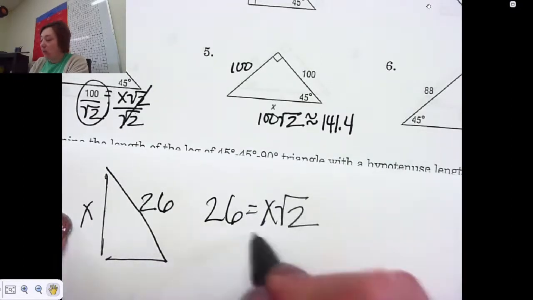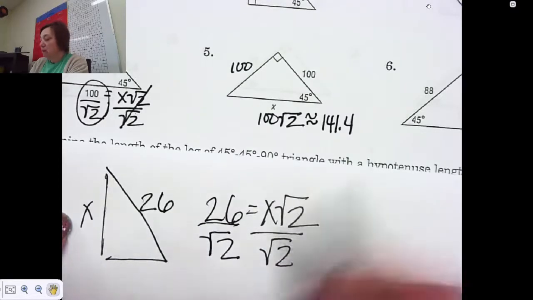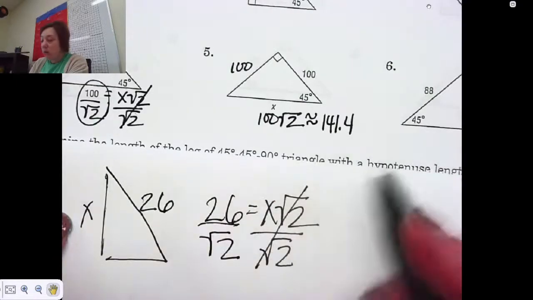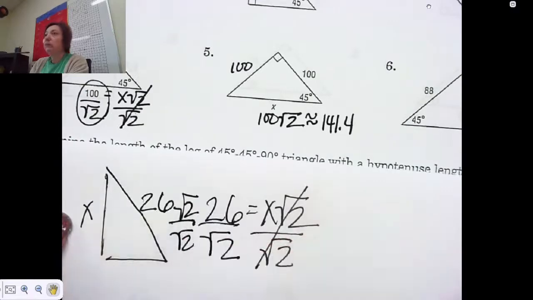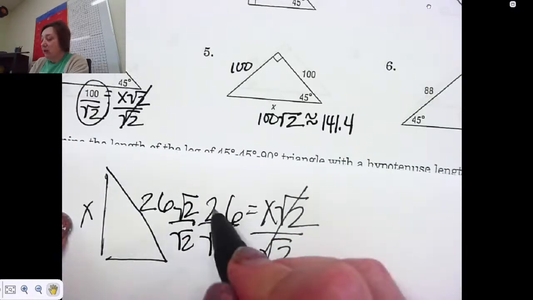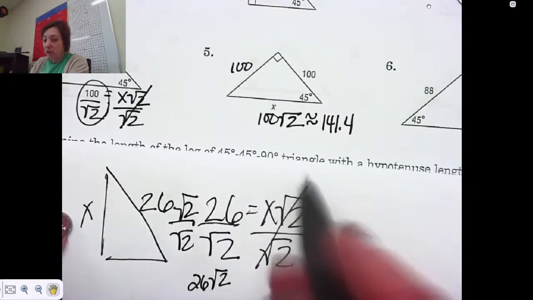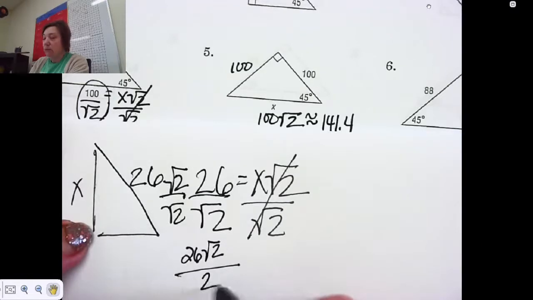And then we divide by the square root of 2, right? And then if we want to simplify or make this rational, we would multiply by the square root of 2 on top and on bottom, right? And so that gives us 26 square roots of 2 over 2. Can we simplify that? What would it be?